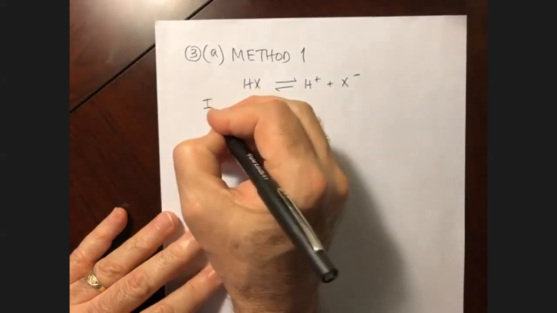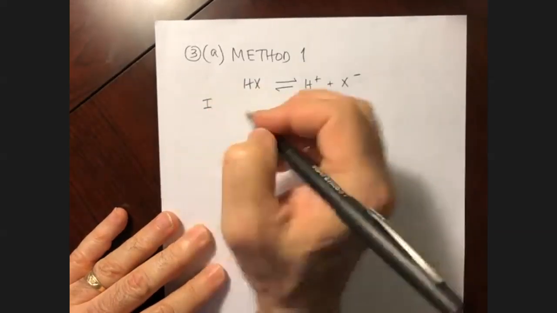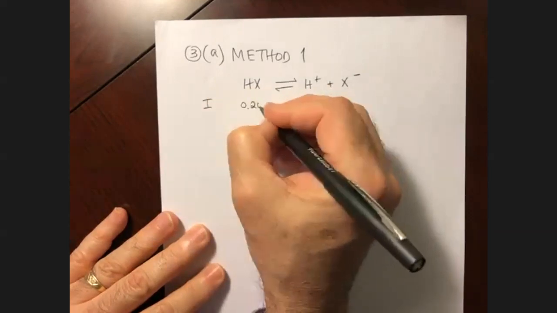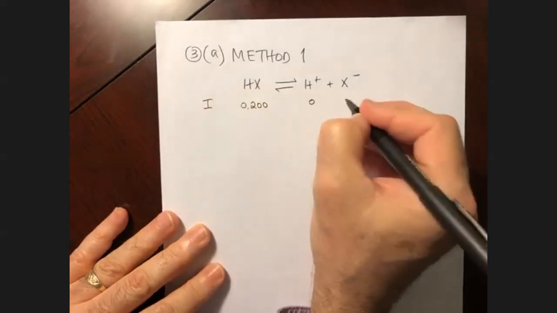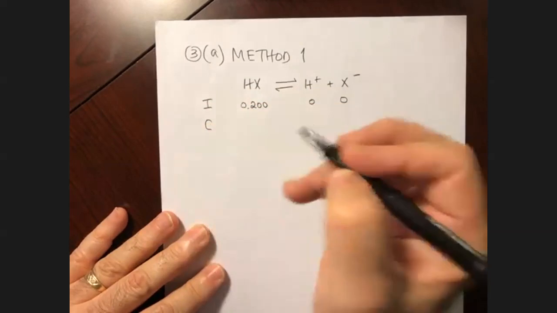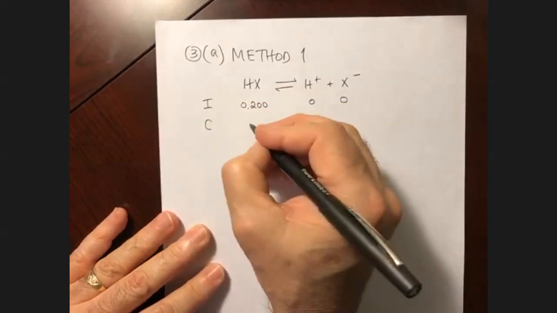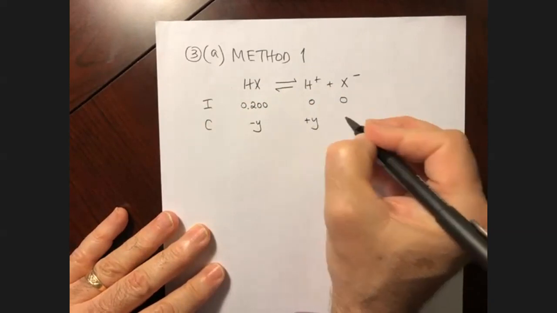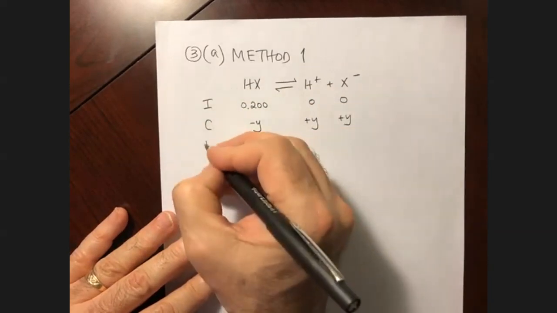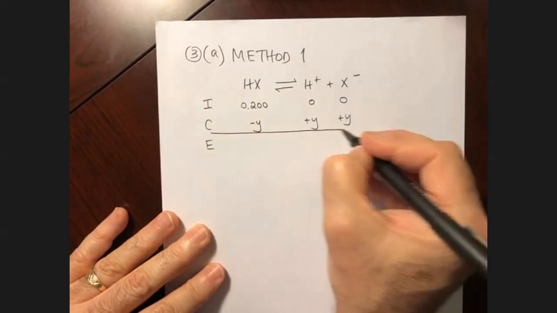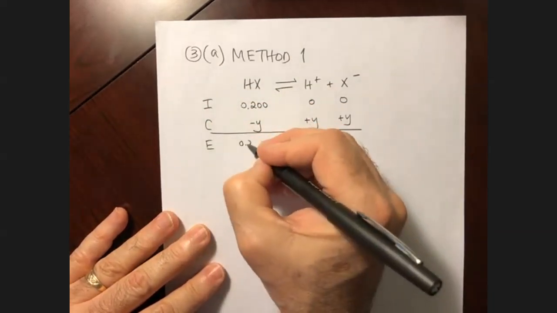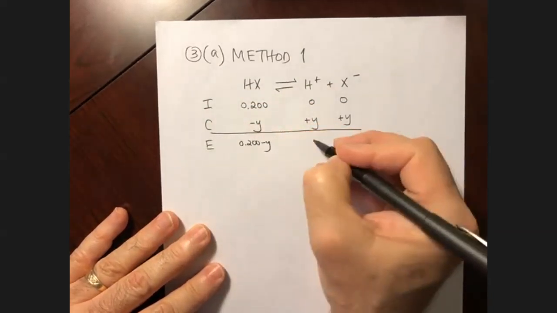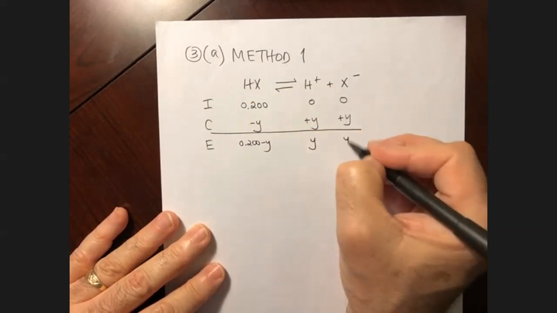So again, we're going to set up our ICE table. 0.2 molar. We're going to have a change here. And like always, I like to use Y instead of X. And so at equilibrium, you will get 0.200 minus Y, Y, and Y.